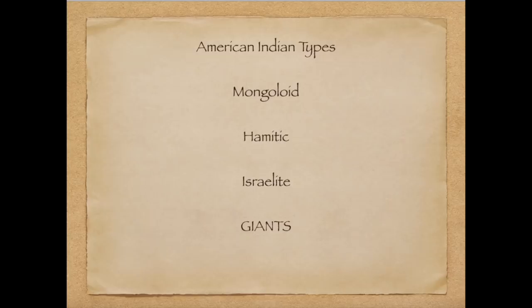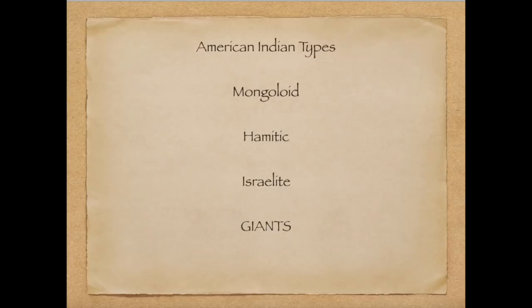So we learned that the Americas had the Mongoloid type Indians who were dark skinned, had straight hair, and usually had Asian features. And then the second type of Indian we talked about were the Hamitic type Indians. Now, these Indians were also dark skinned. However, they had woolly hair. They usually went about with little to no clothes, and their practices were Hamitic in nature.